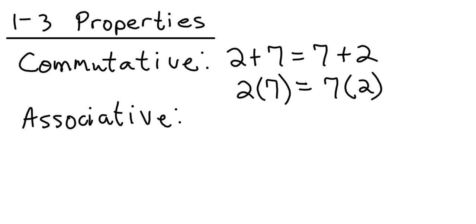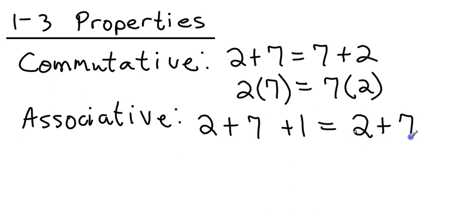Let's stick with my 2s and 7s, but I'm going to throw in another one. Now, watch what I'm going to do here. If I group the 2 and the 7 together, but on the other side, I group the 7 and the 1 together, does it change the value?